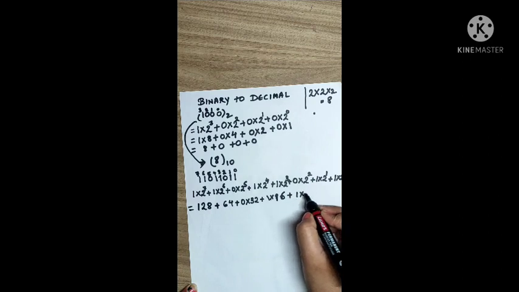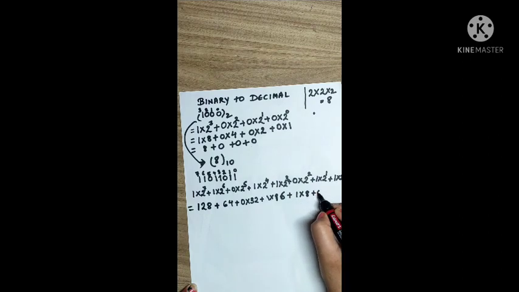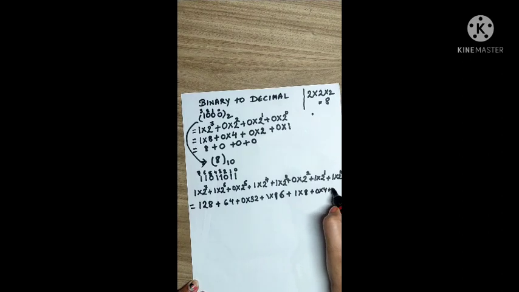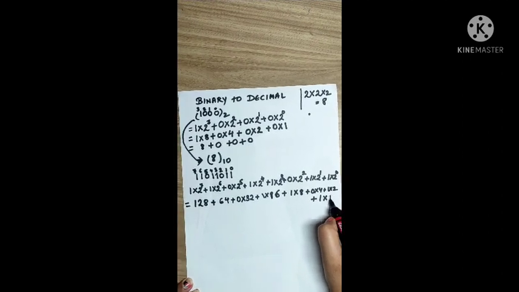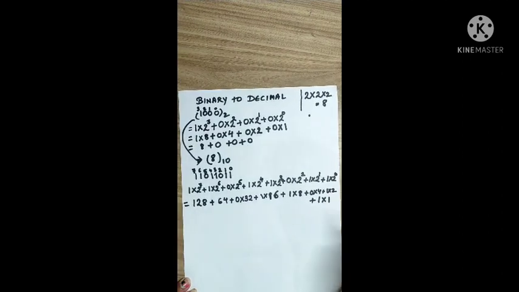Plus 1 into 8 plus 0 into 4 plus 1 into 2 plus 1 into 1, because 2 to the power 0 is equivalent to 1.